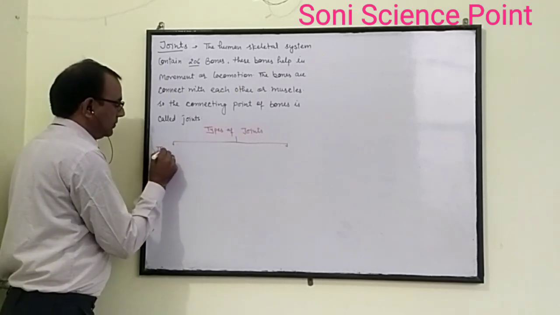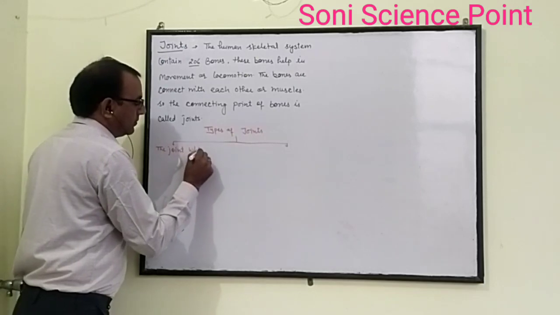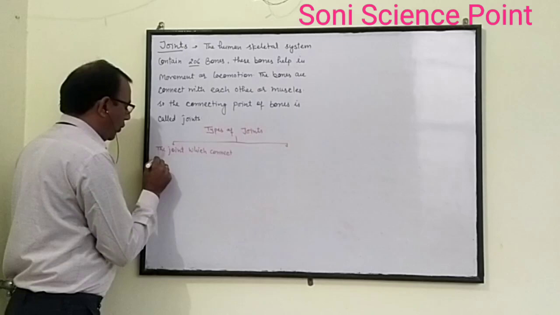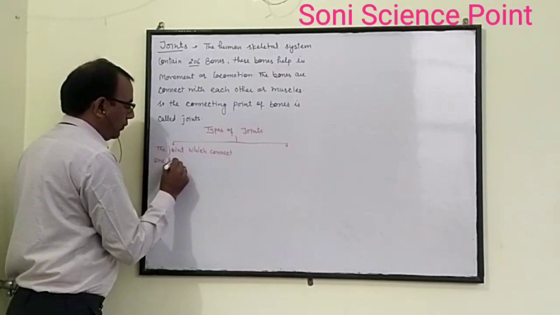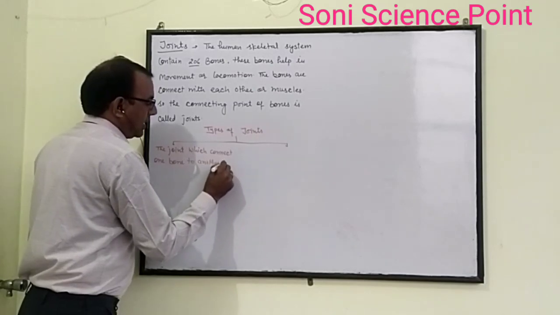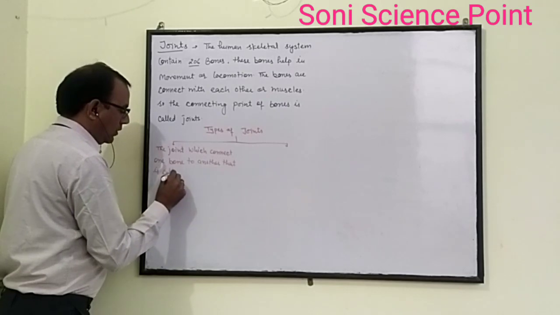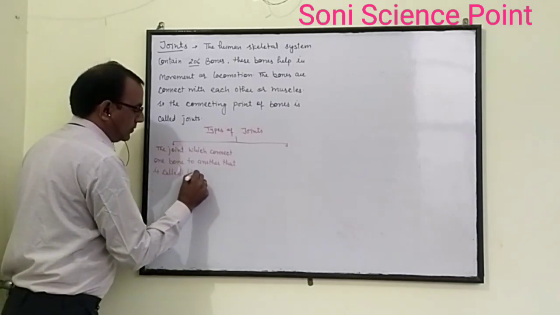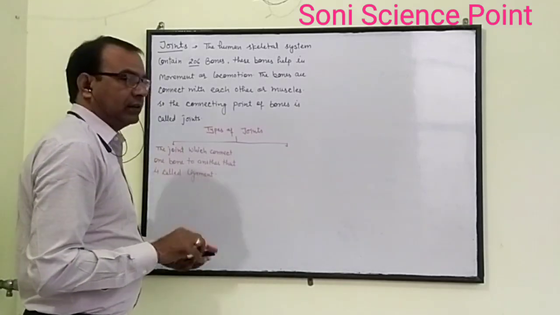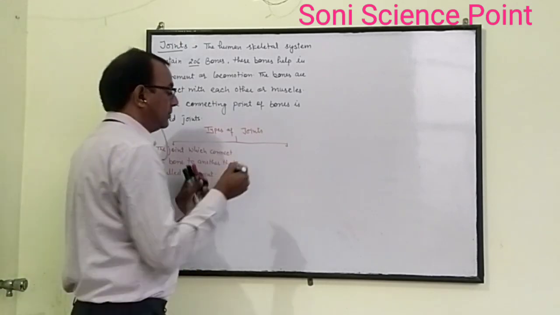The joint which connects one bone to another is called a ligament. And the other joint, in which one bone connects with a muscle, is called a tendon.